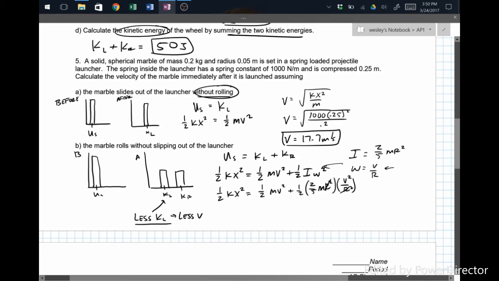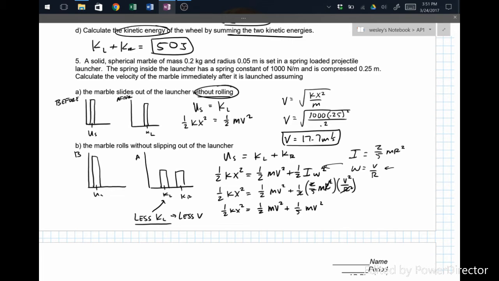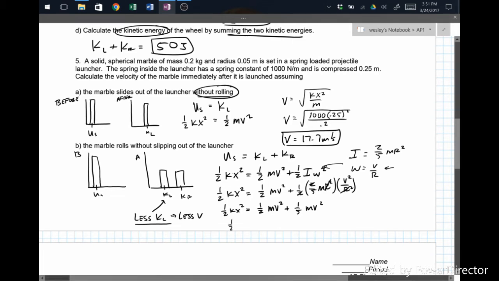So these r squareds go away, and I've got 1/2 kx squared equals 1/2 mv squared plus, what we have there is 1/5 mv squared. And so we can start combining like terms if we want to. 1/2 kx squared is equal to 1/2 plus 1/5, which is 7/10 mv squared.